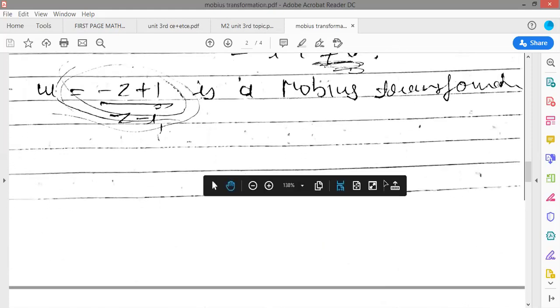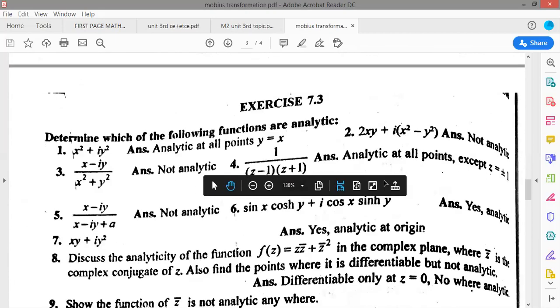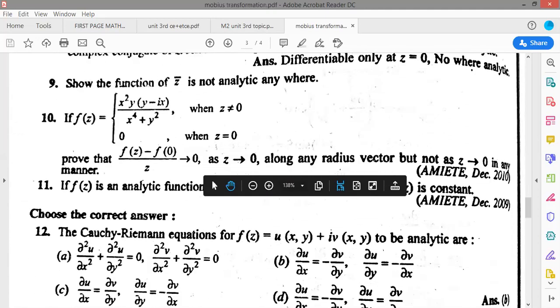Next, I have already completed your unit third. So next, 7.3 is your exercise. This exercise is related to your analytic function, meaning the Cauchy-Riemann equation and analytic function. So just solve all these questions.